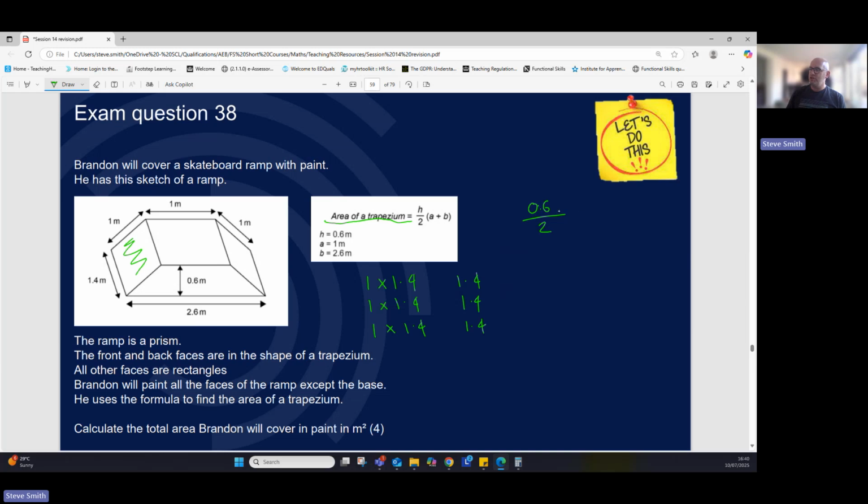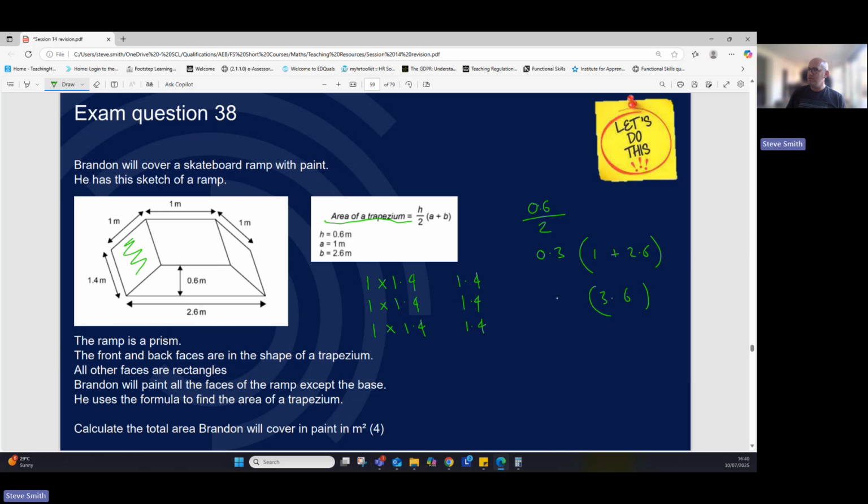So our 0.6 divided by 2 becomes 0.3. And then we've got A add B. A is 1, because it says there, and B is 2.6. 1 add 2.6 becomes 3.6.